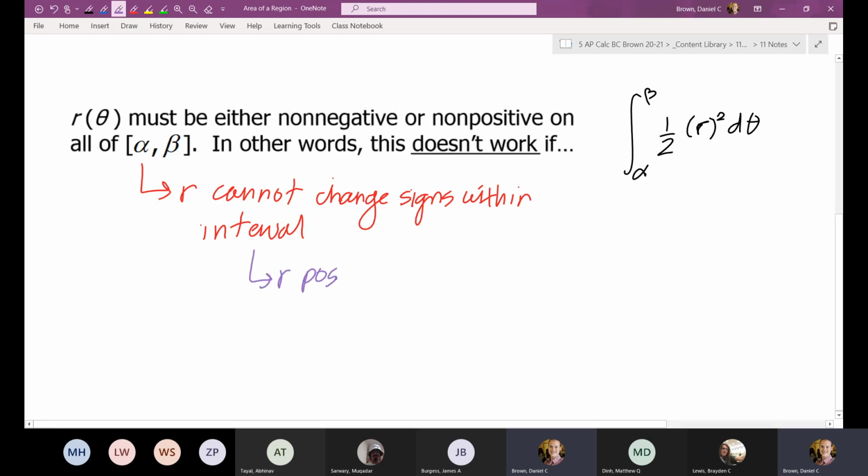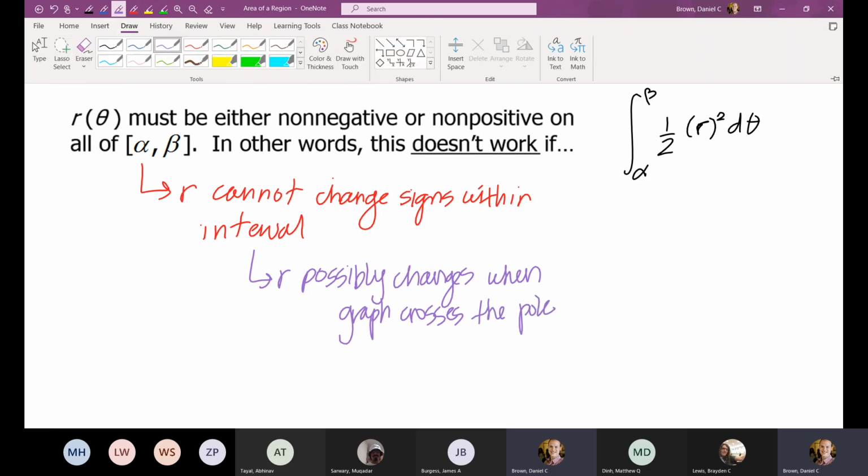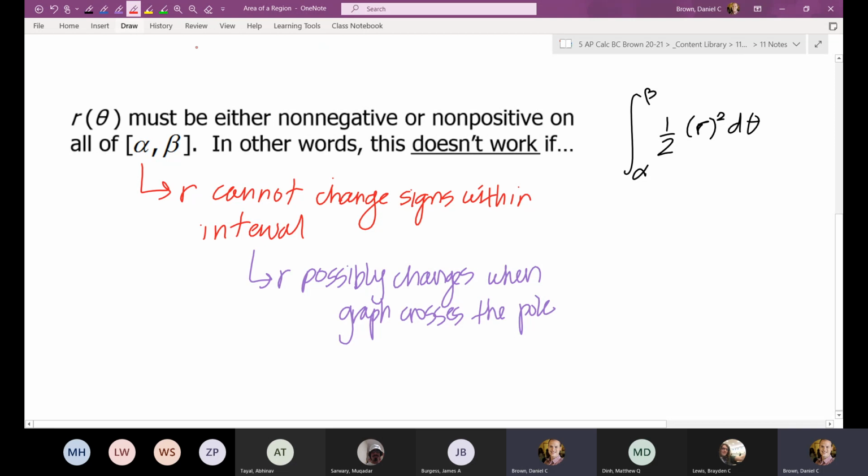R possibly changes signs when the graph crosses the pole. And then adding on to that, when is the graph often going to cross the pole?